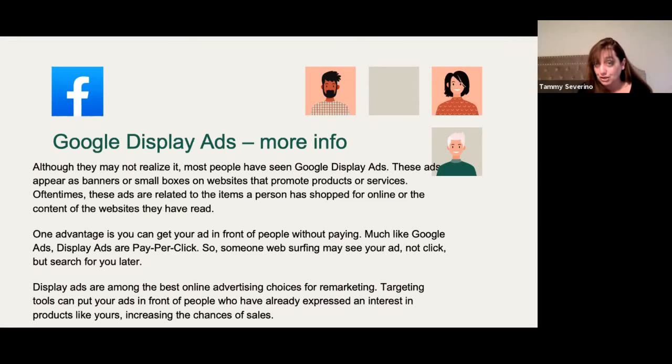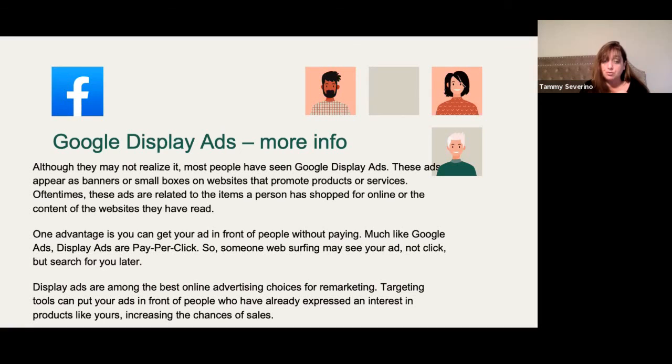And then they're in your space, which is great, but you're not paying for every eye that sees you as they're reading something, only those that click. And that way it's not costing you a fortune. It is much more targeted, and so it keeps your budget intact. Display ads are amongst the best online advertising choices for remarketing.